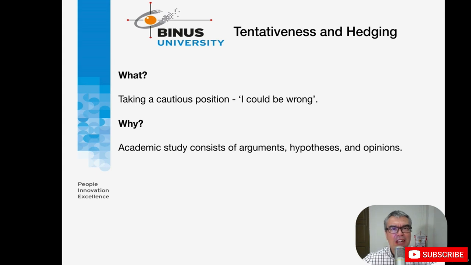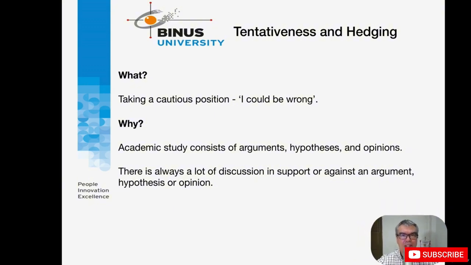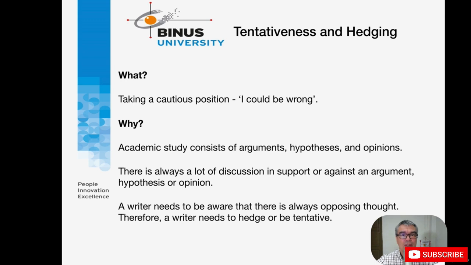So, academic study consists of arguments, hypotheses, opinions. And of course, there is always a lot of discussion in support or against these ideas, opinions, and hypotheses. As a writer, you need to be aware that there is a discussion, and that some scholars have identified weaknesses or flaws in certain arguments or hypotheses.